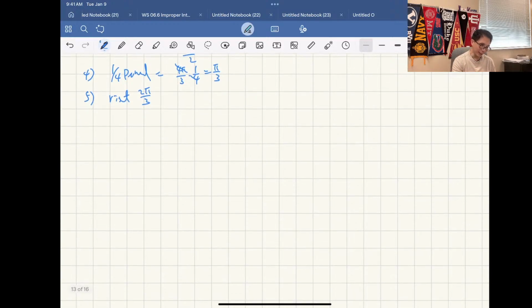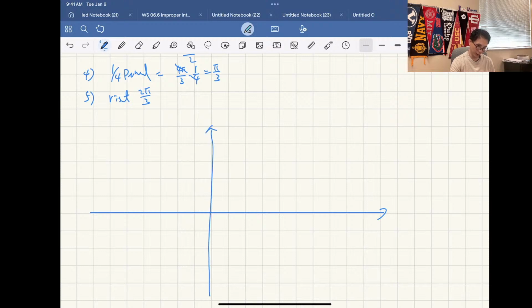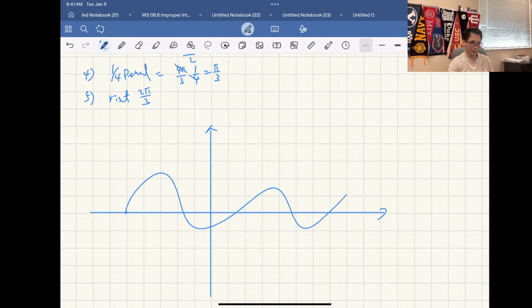Now, another thing is a lot of students, and I see some people like, I don't know, Jacob, I think you guys just kind of graph like this. That's not going to cut it. Unfortunately, that is not going to do well on a test.